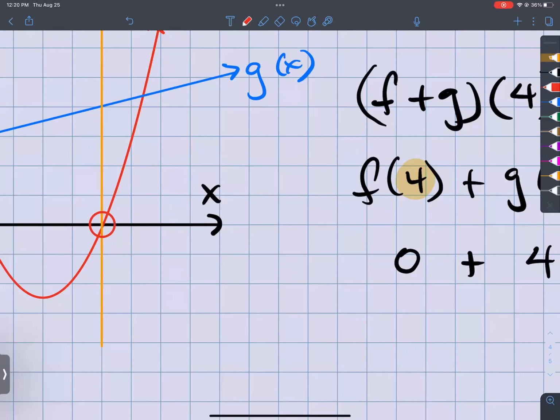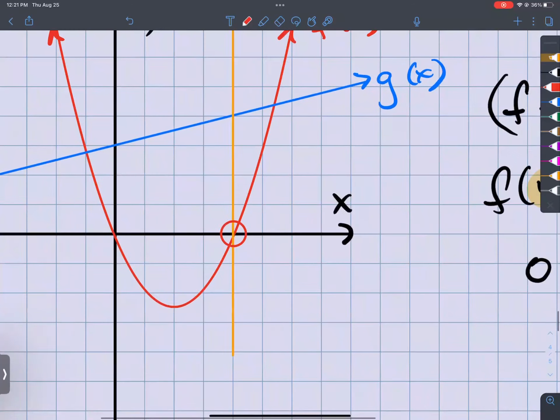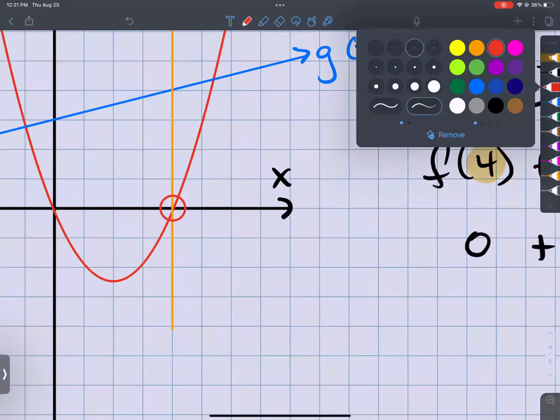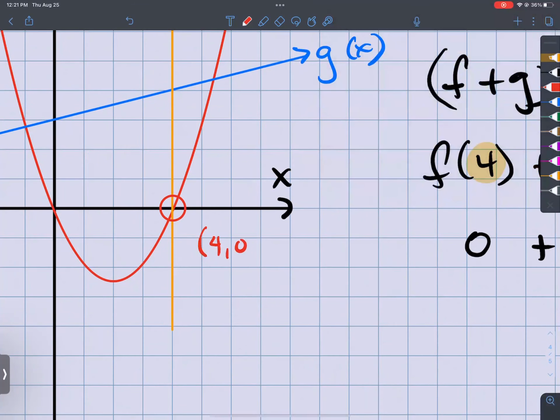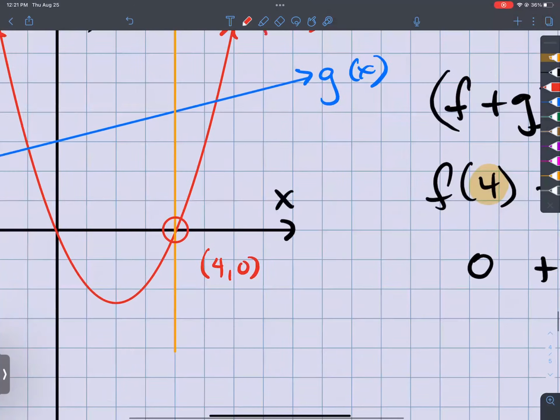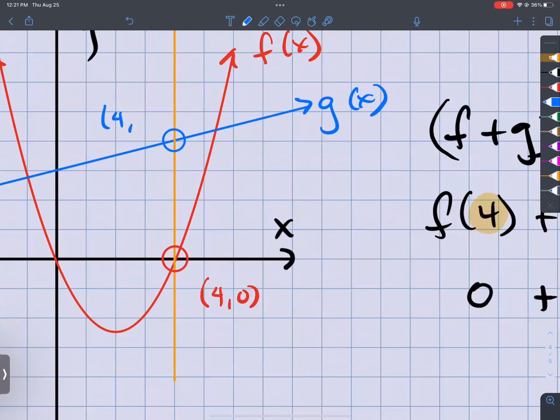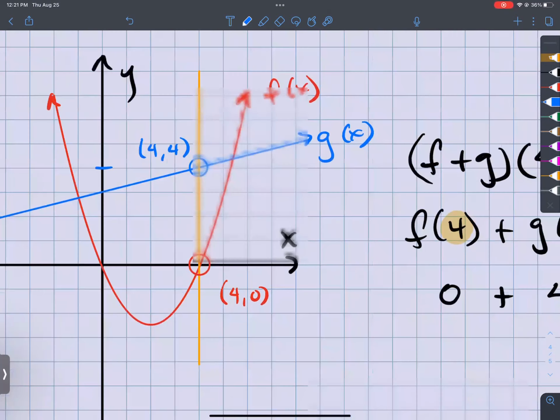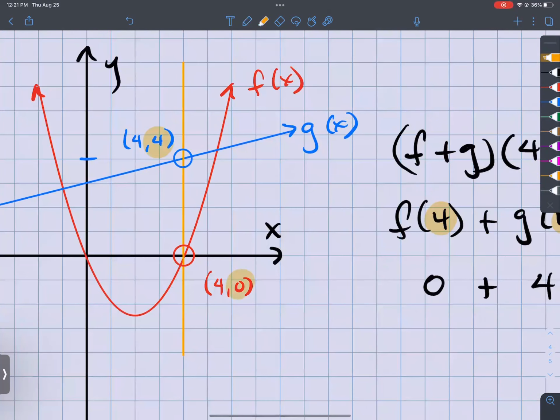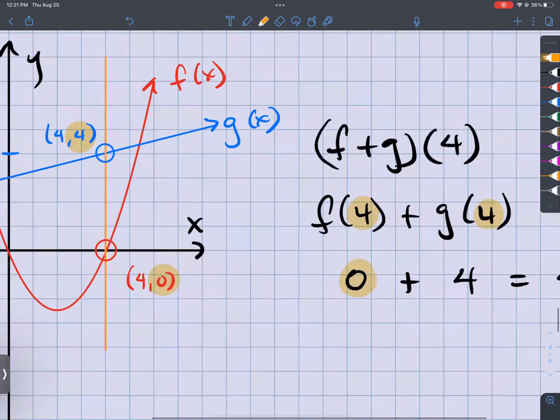What is my y value at that point? It's 0. If I was to graph this point, I'd say 4, comma 0. And it hits the blue, which is the g of x, right here. That point is going to be 4, comma 4, because that's the y value here. It's 4, right? So that's where the 0 and the 4 came from.